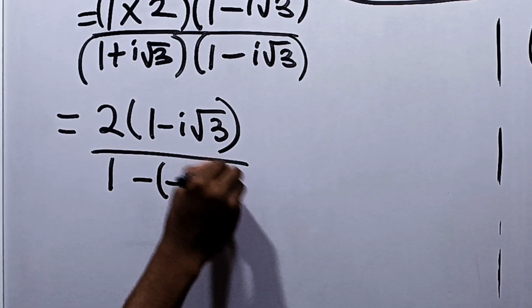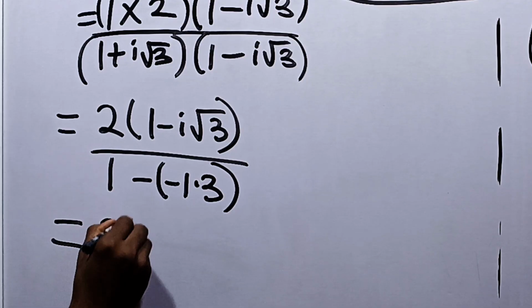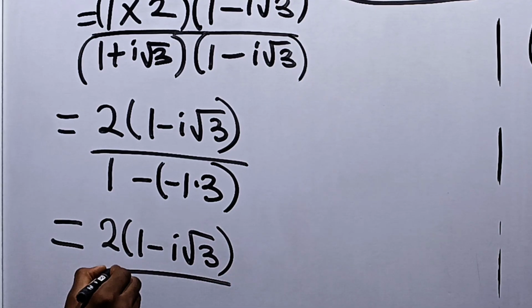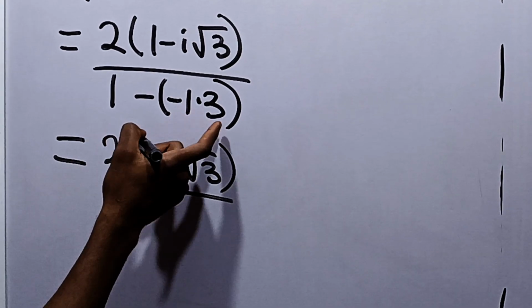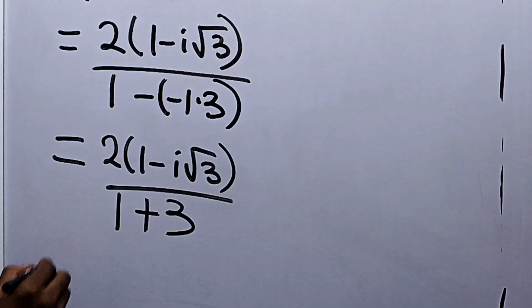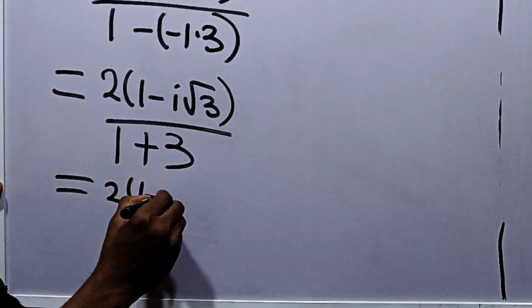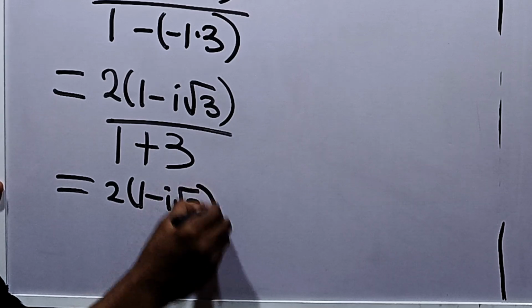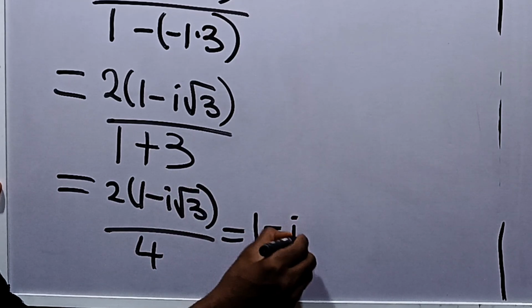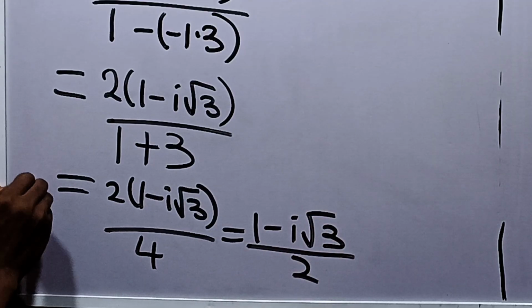So this is equal to 2 into 1 minus i root 3, divided by 1 times 3 is 3, and minus times minus is plus, so 4. So this is equal to 2 into 1 minus i root 3 divided by 4, which is 1 minus i root 3 all over 2, and this is equal to y.